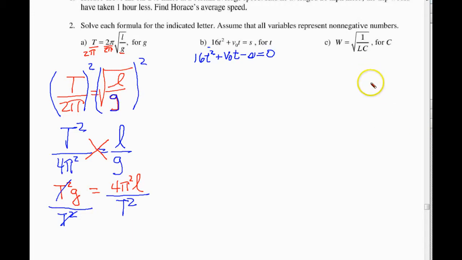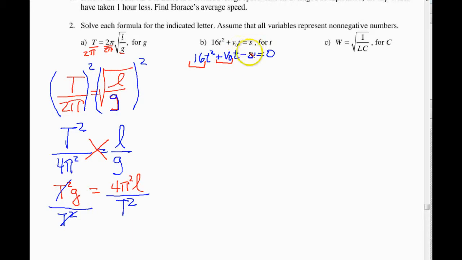So what do we want to do if we want to use the quadratic formula? Take that little mark off of there. We want to identify what is a. Well, this is a, the numerical coefficient of t squared. What will b be? Well, it's a positive v sub o.